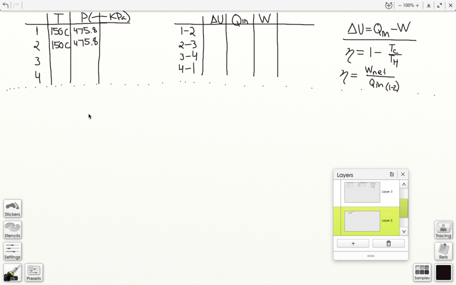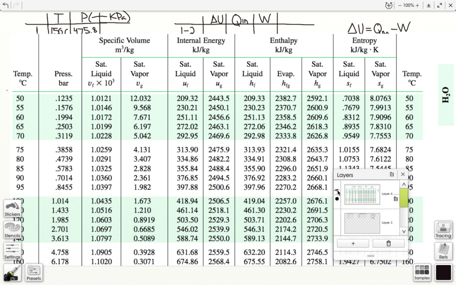Now at 3, we are at 50 degrees Celsius. So now if we go to our table, at 50 degrees Celsius, we're at 0.1235 bar, which is also 12.35 kilopascals.